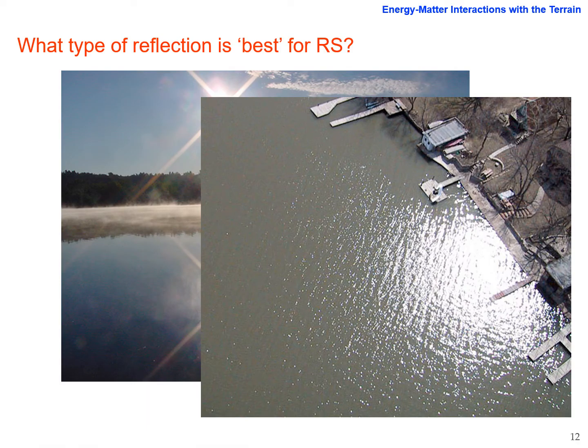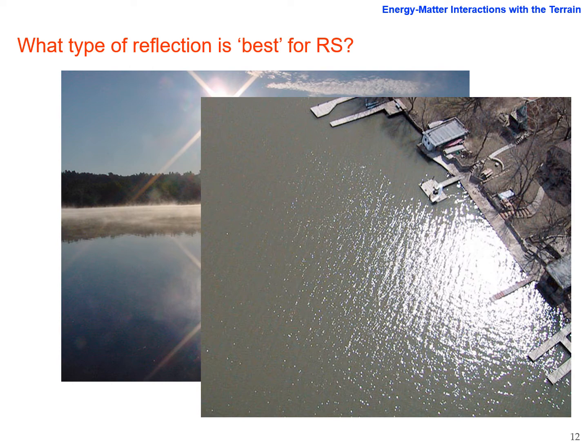So what kind of reflection is best for remote sensing? As I said, Lambertian makes the math easy. So you'd like to see Lambertian, and the worst is definitely specular, because we get what we refer to as hot spots if we have specular reflection. So all the energy coming back at one or a small range of angles.